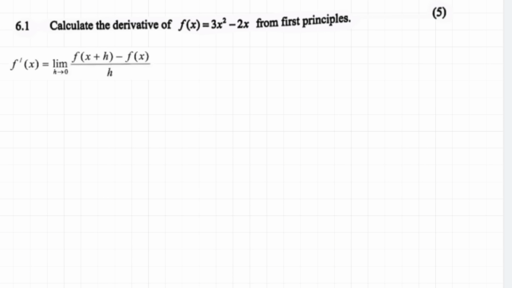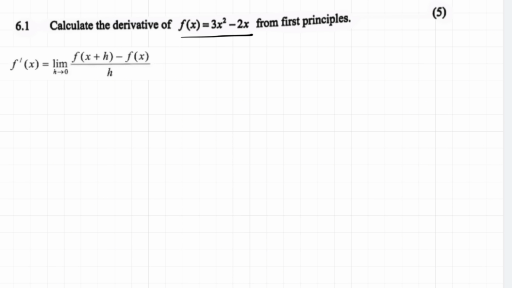So how can we derive this one? To use first principles, we're going to make use of this formula. What I always tell my students is how easy these first principles questions are, because you know the answer before you start answering.